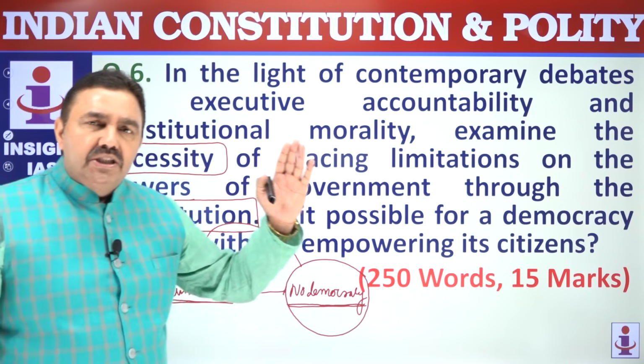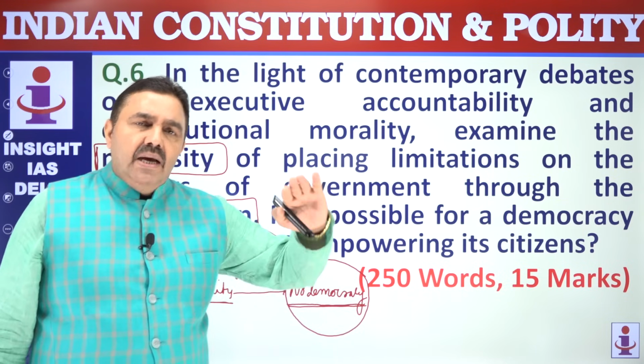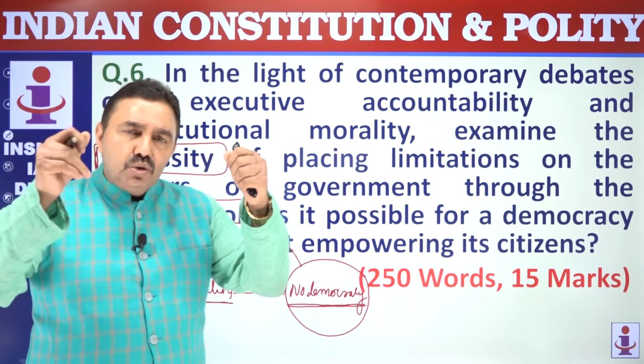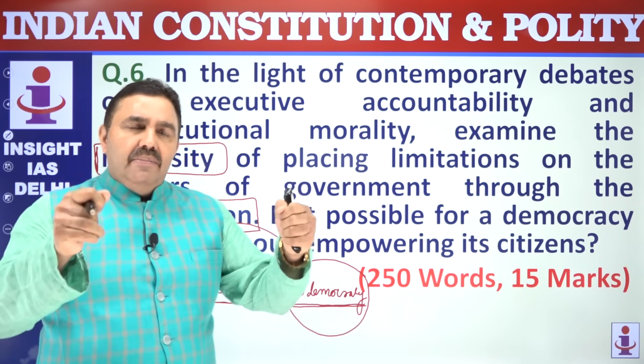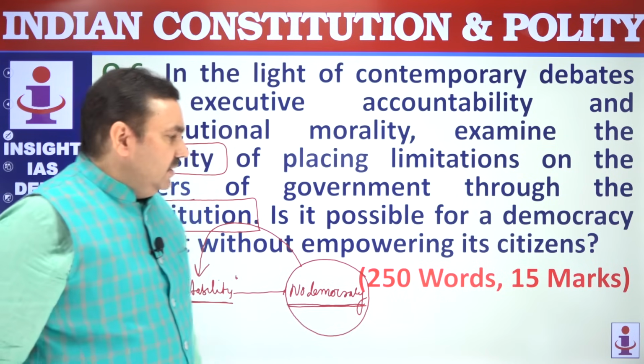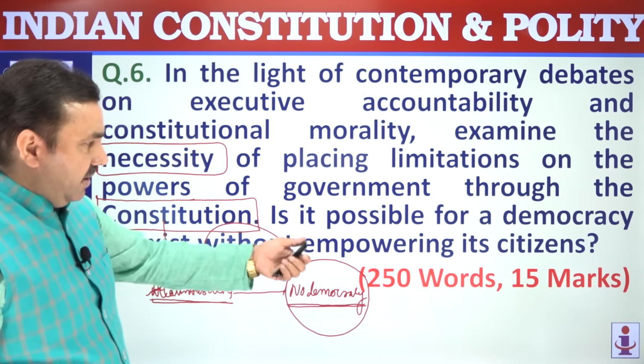The difference between dictatorship, autocracy and democracy is accountability. Accountability requires transparency, so accountability and transparency are the two pillars on which a democracy stands. Now, without accountability, democracy cannot survive. Let's see further. Is it possible for a democracy to exist without empowering its citizens?